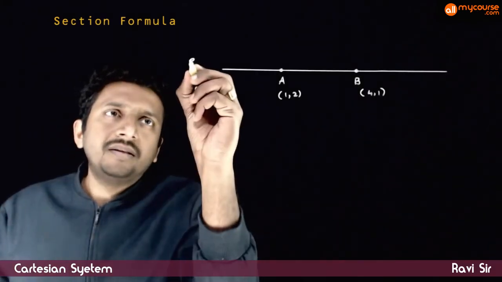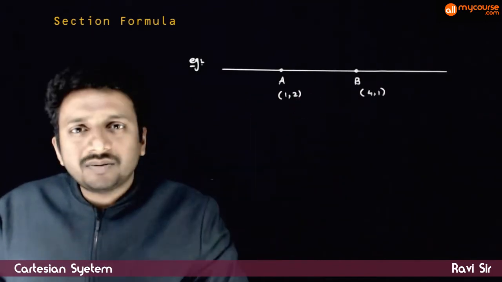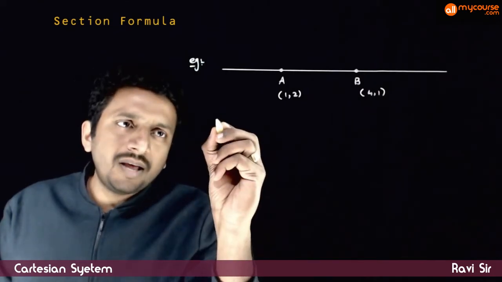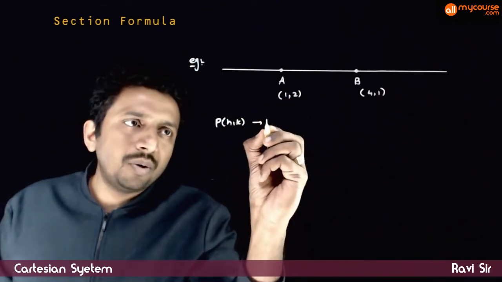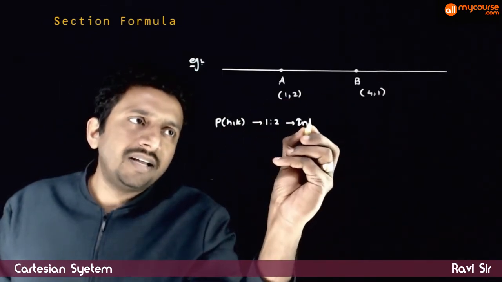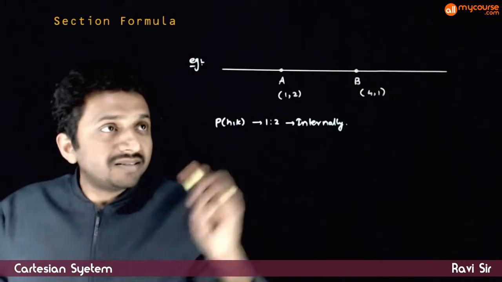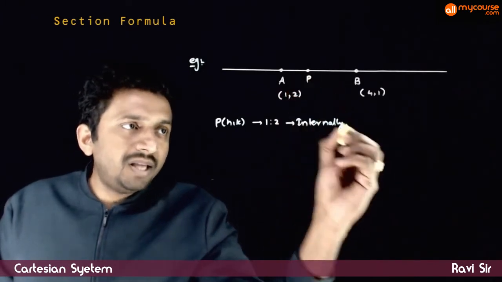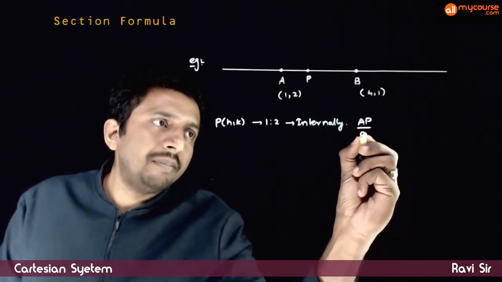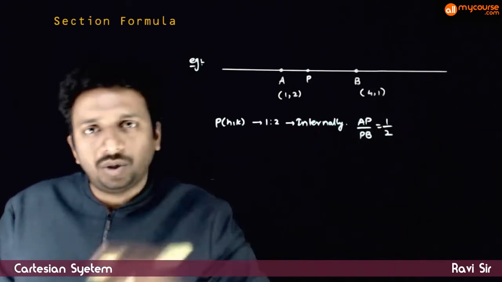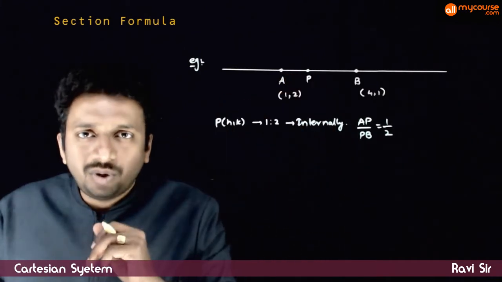For example, let us consider 2 points A and B. A is (1, 2), B is (4, 1). Now I want a point P(h, k) which divides AB in the ratio 1:2 internally. That means I want a point P inside the line segment AB such that AP by PB is equal to 1 by 2, so the distance AP to the distance PB is 1:2.